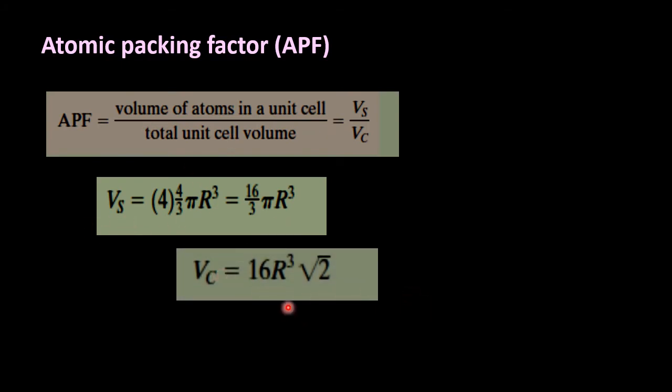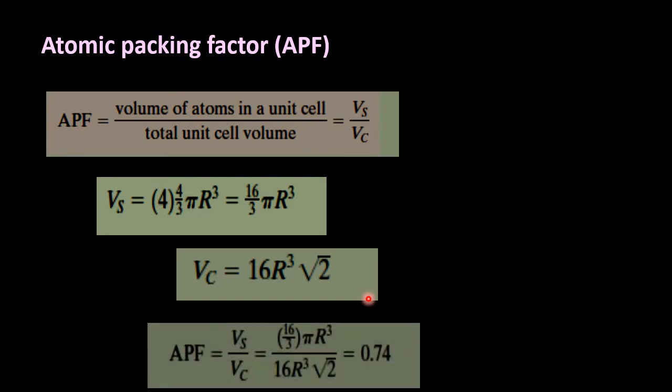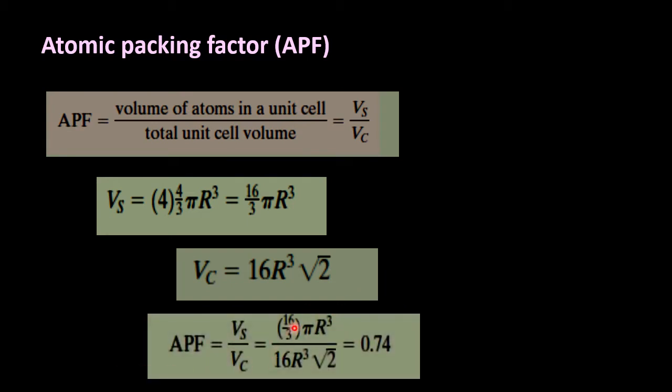Next is Vc, the total unit cell volume. We have already calculated it for the FCC structure. The volume of the unit cell is 16 r cube under root 2. Now putting in the values of Vs and Vc, the atomic packing factor is equal to 16 by 3 pi r cube divided by 16 r cube under root 2, which is equal to 0.74, the atomic packing factor for FCC structures.